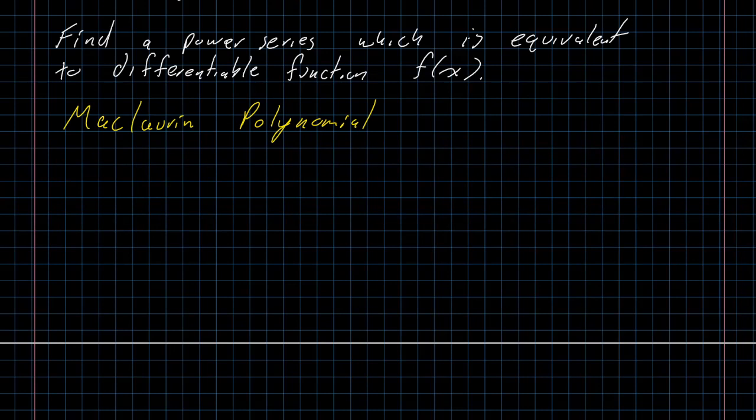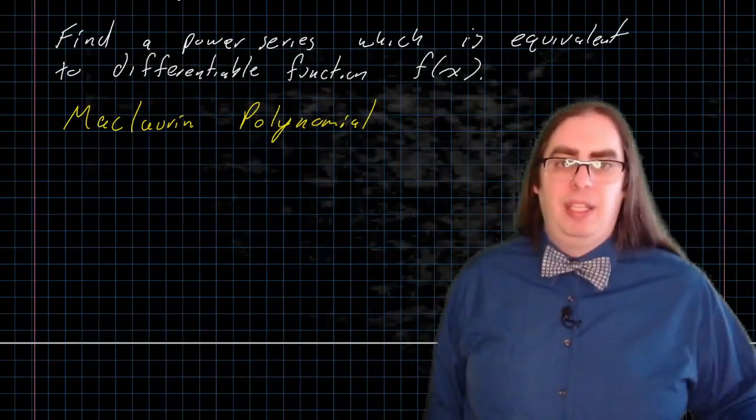And the tool that we're going to use to find the power series equivalent for a function is the Maclaurin polynomial. Remember that the Maclaurin polynomial and the Taylor polynomial behave very similarly. The Taylor polynomial is defined with a center somewhere other than 0. It is a Maclaurin polynomial when the center is at x equals 0. Other than that, they are the same thing.